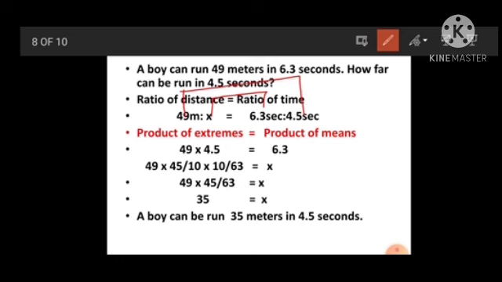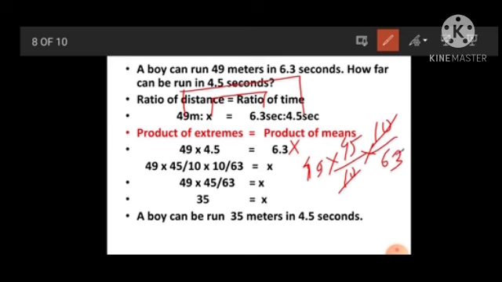So students, we write 49 multiplied by 4.5. 4.5 means 45 by 10. So 49 multiplied by 45 by 10 multiplied by 10 by 63, because 6.3 here is multiplied, then going to the left hand side it becomes a division, and the reciprocal of division is 10 by 63. 10 cut.